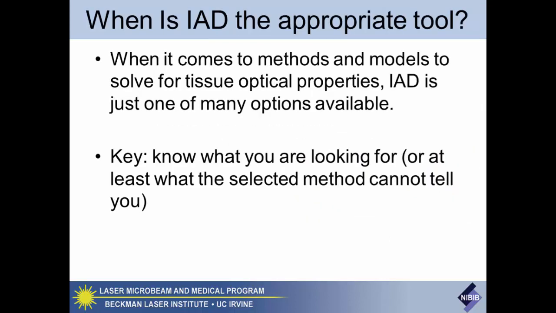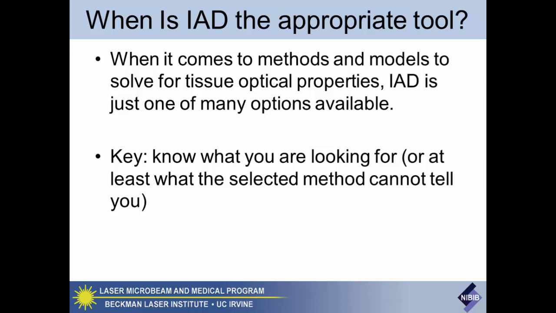So yeah, just to try to wrap things up, I think the main question is when is inverse adding doubling an appropriate tool to use? So again, when it comes to methods and models to solve tissue optical properties, inverse adding doubling is just one approach.